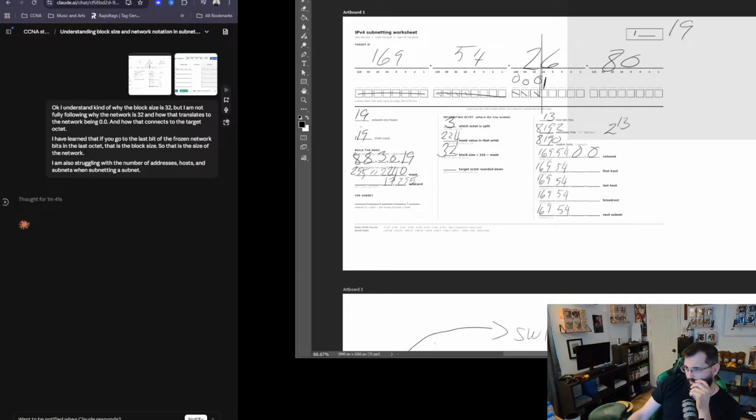So maybe I can figure it out on my own. This has something to do with we take the block size and we see how many times it can go into it.